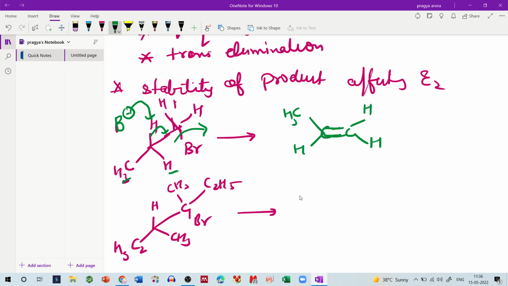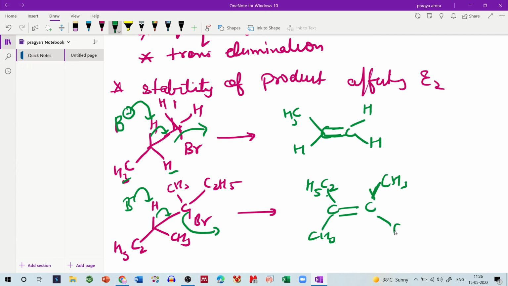If in the second case the base abstracts this proton, the electron density from the C-H bond goes over here and the bromide leaves. Then you get C2H5, carbon, CH3 double bond, CH3 and C2H5.